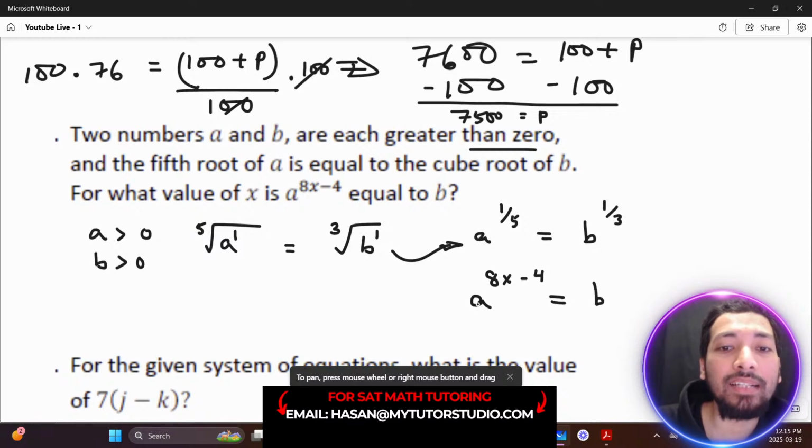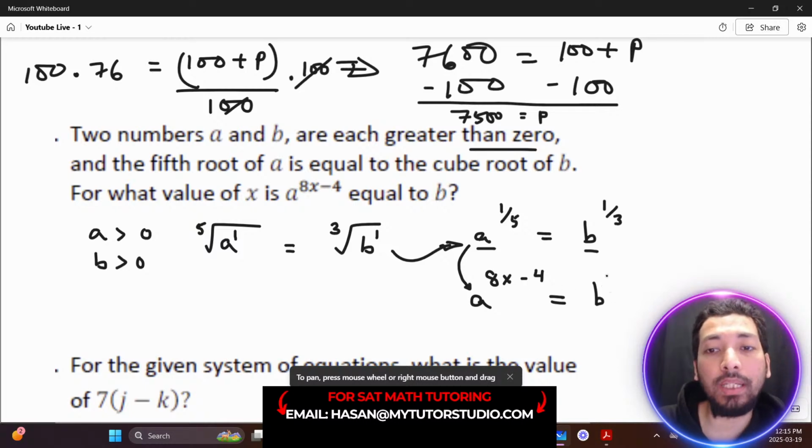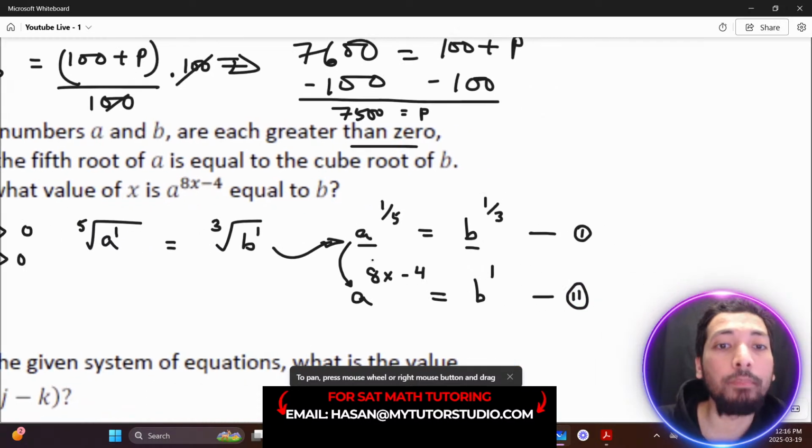Now we see that a to the power of 1 over 5 is equal to b to the power of 1 over 3, and we have a to the power of 8x minus 4 is equal to b. This b has a power of 1. So we can compare these two equations. These two equations are basically the same equations. Keep that in mind. We are just comparing.